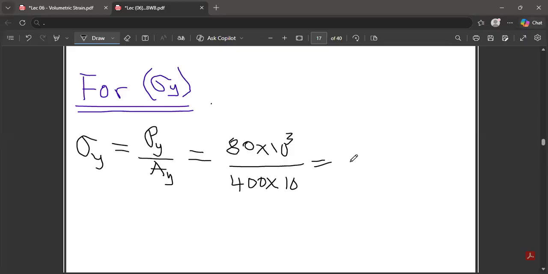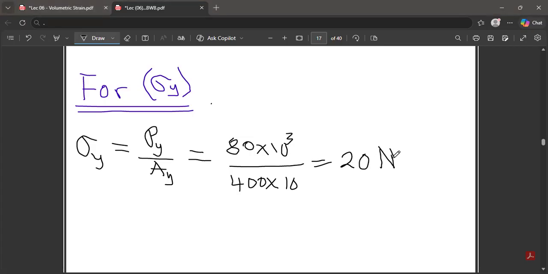That is 80 times 10 exponent 3 over 400 times 10. Exactly. You're going to get 20 Newton per millimeter squared. Some people got the answer. Solomon had it right. Mr. Darko also had the answer right, and that was so wonderful. So that is 20 Newton per millimeter squared.